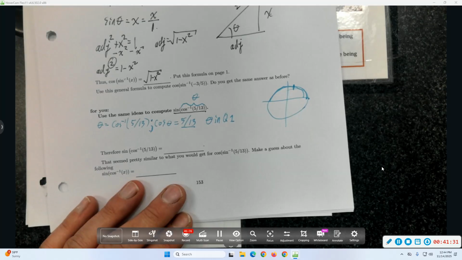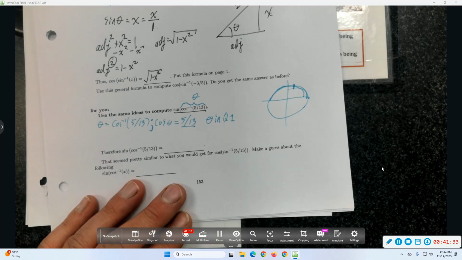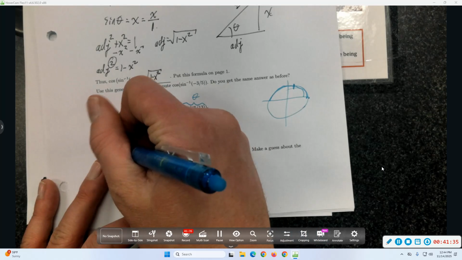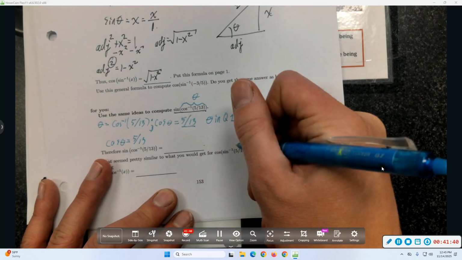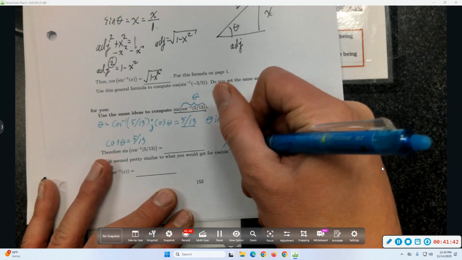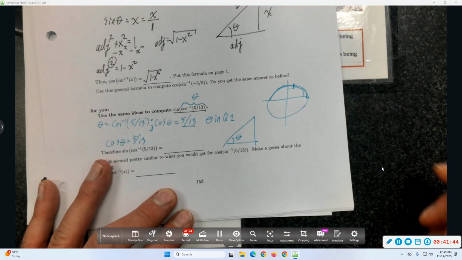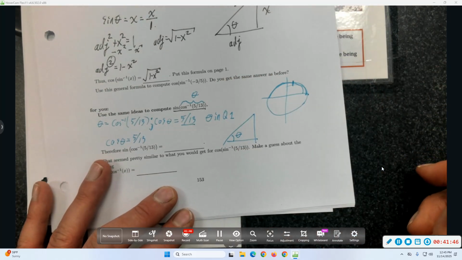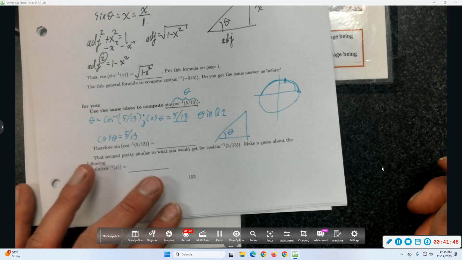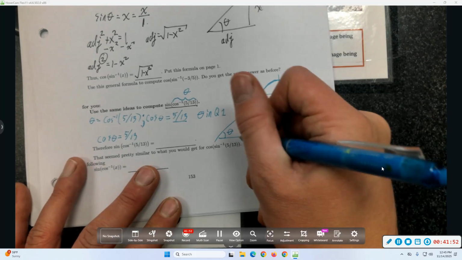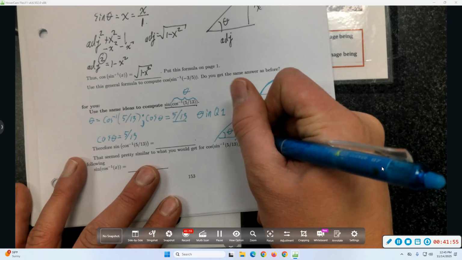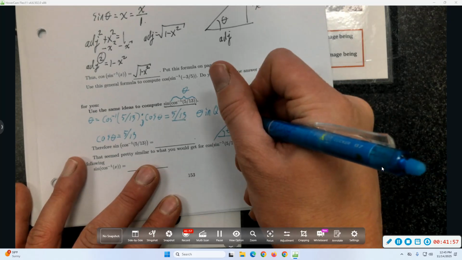Could we draw the same right triangle picture now? Yeah. I know the cosine of theta is 5 over 13. So if there's theta, I could start labeling the sides of this triangle, not drawing to scale. Adjacent side is 5, hypotenuse is 13.